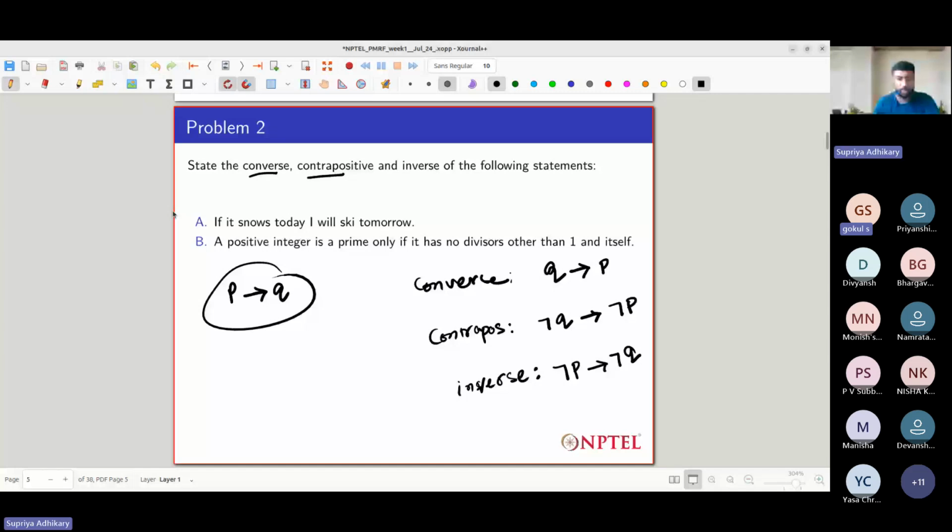First of all, we have the statement that if it snows, then I will go to ski tomorrow.